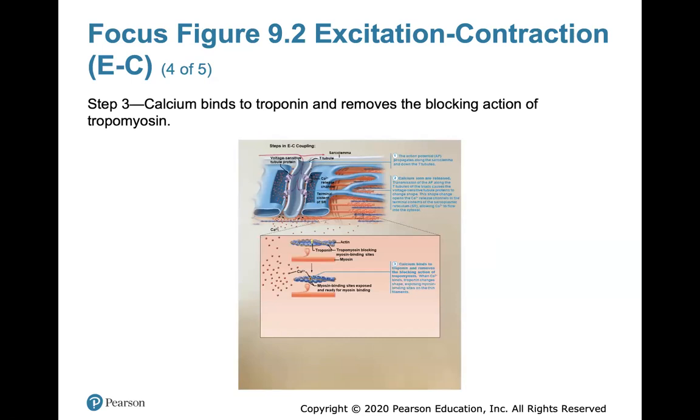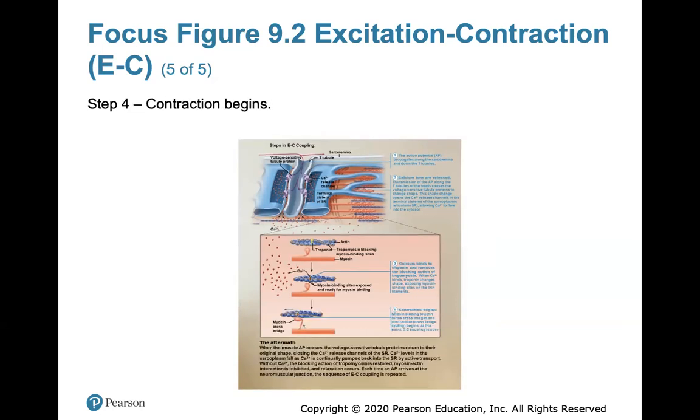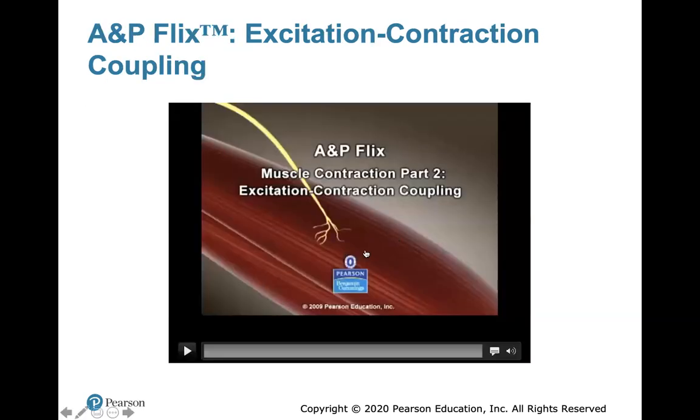The calcium will then bind to the protein troponin, which again is that protein on the actin. And when calcium binds to troponin, it removes the blocking action of those spaghetti-like proteins called tropomyosin. Contraction will then begin because the myosin heads can attach themselves to the actin in what we call a myosin cross bridge. Please look at this animation.